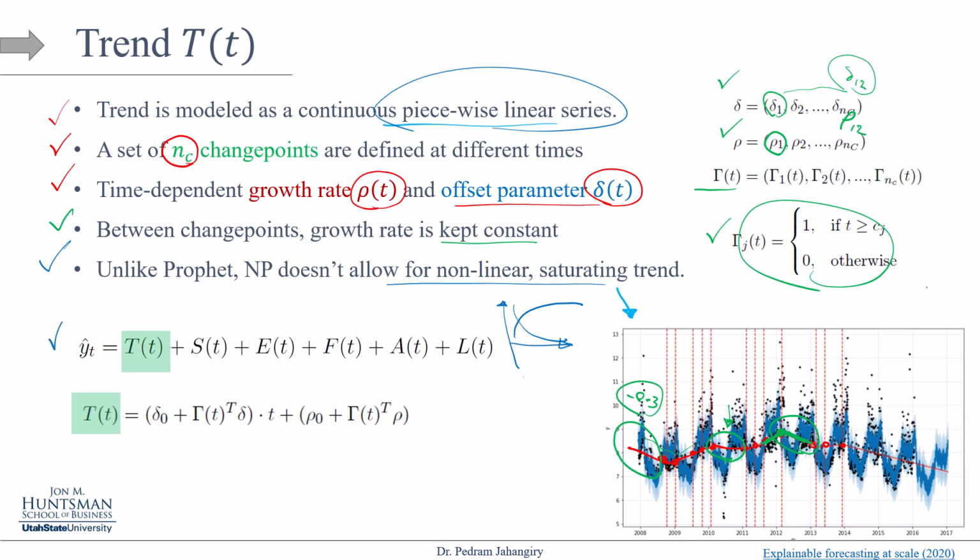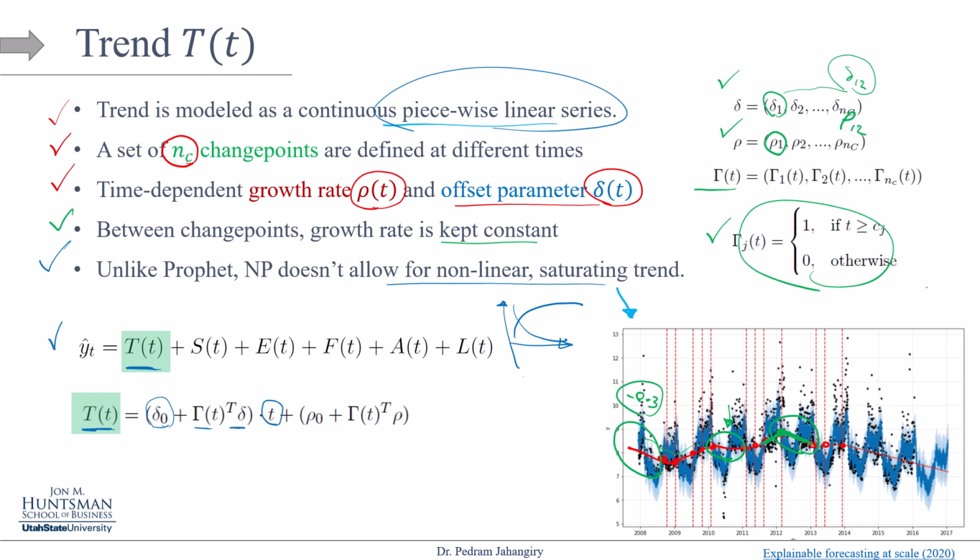Okay, and here's the formula for forecasting the trend component, and this is a breakdown of it. We start from some initial offset parameter, think of it as the initial intercept. Then we multiply these gammas by the slopes and by t.